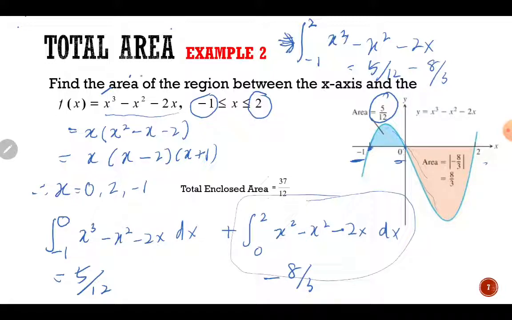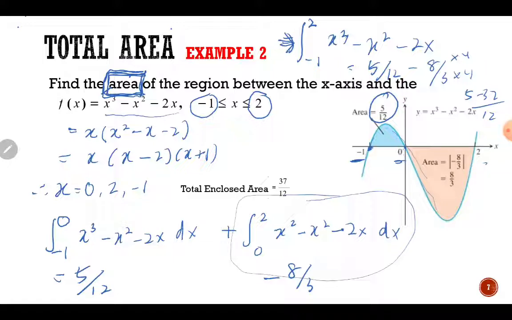Tapi kalau soalan ni kata find the area, maknanya secara hukumnya area tak boleh jadi negatif. Yang ni darab dengan 4, you akan dapat negatif ni. 5 tolak 32/12. Okay, 5 tolak 32, definitely you can dapat negatif.